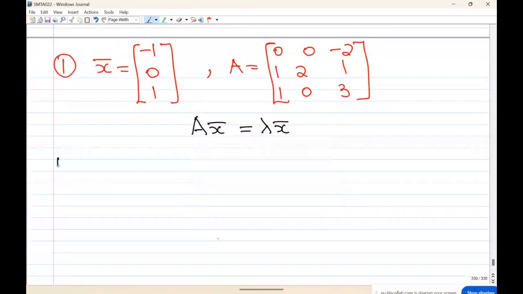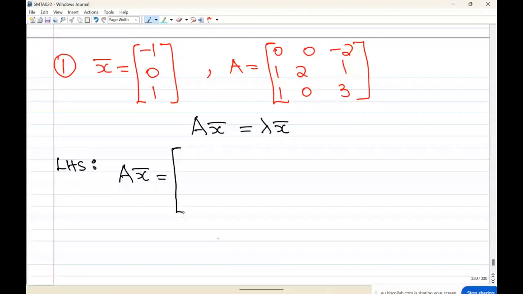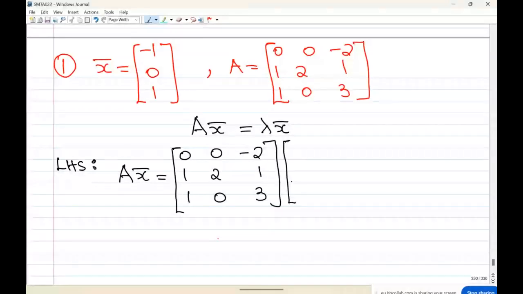So for your left hand side, you are going to check Ax. Your A is 0, 0, -2, and then 1, 2, 1, and then 1, 0, 3, multiplied by that vector, which is -1, 0, and then 1.